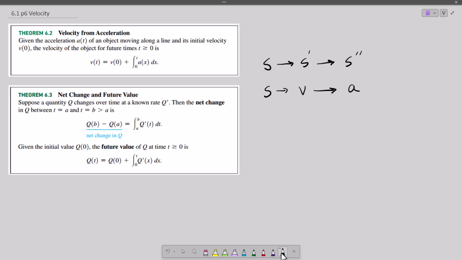So that's what this is representing. Same fundamental theorem of calculus concept: the velocity at time t is the initial velocity plus the change in velocity. And the change in velocity is the integral of velocity's derivative, which is acceleration. So that's the same fundamental theorem idea.